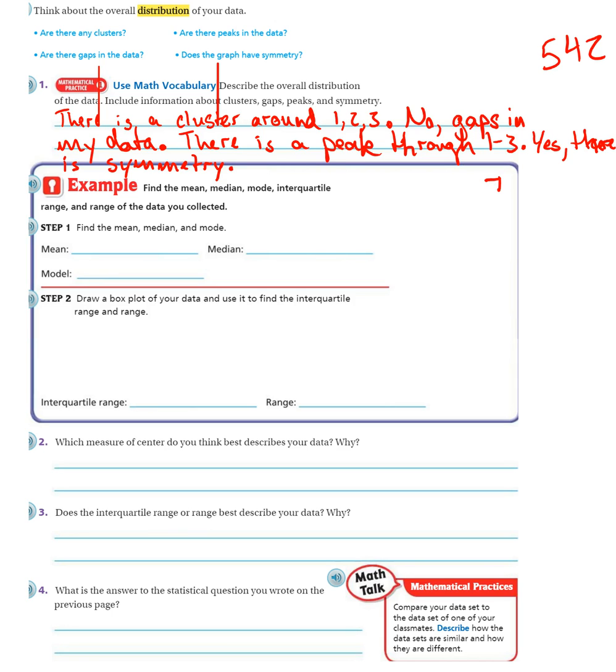7 twos, 7 times 2 is 14. 7 threes, so 21. And then 4 fours, so 16.